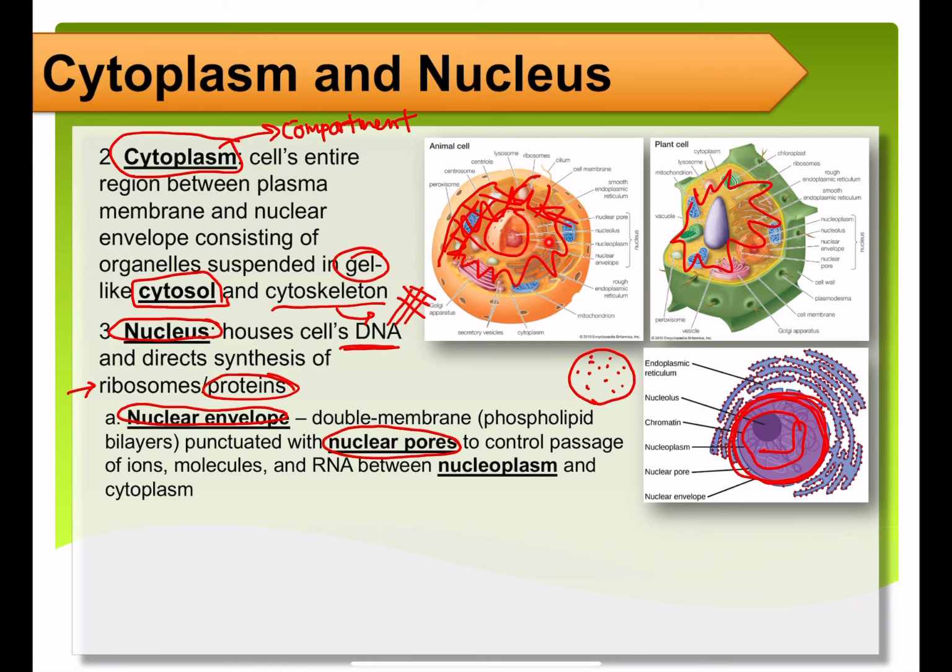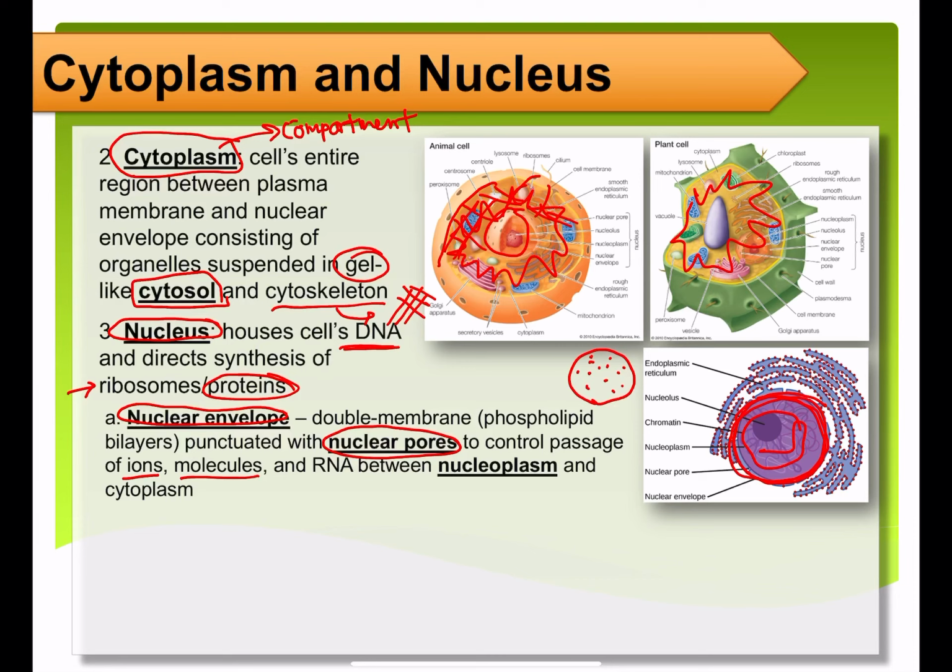We'll talk about that when we get to protein synthesis, but those are the two things that need to come out of the nuclear pores on a daily basis: the ribosomes and the messenger RNA. Also, ions and other molecules can pass through the nuclear pores as well.